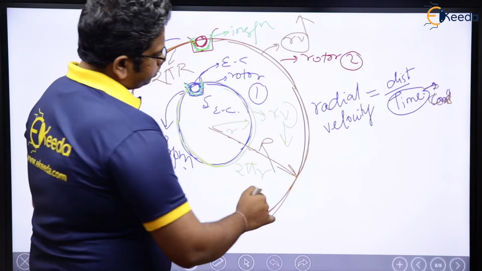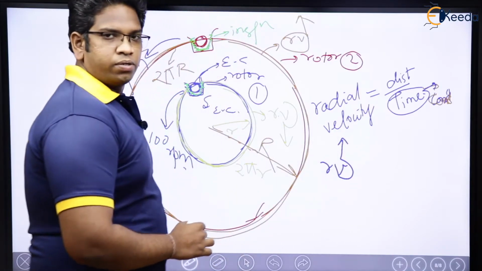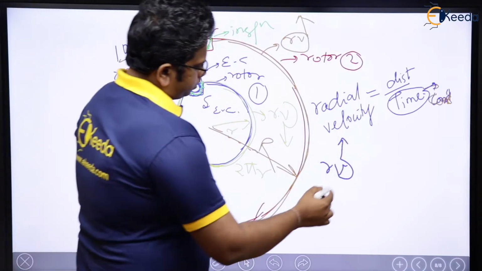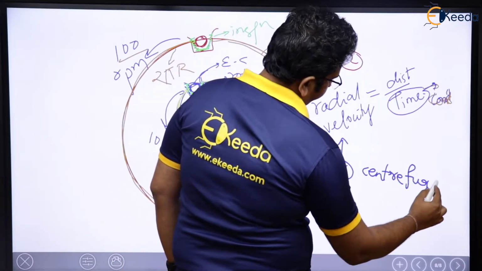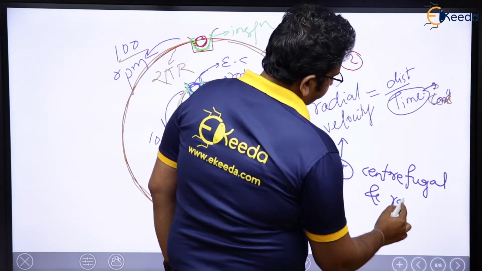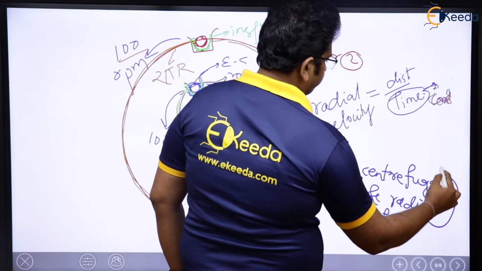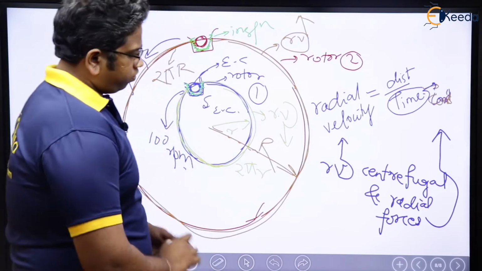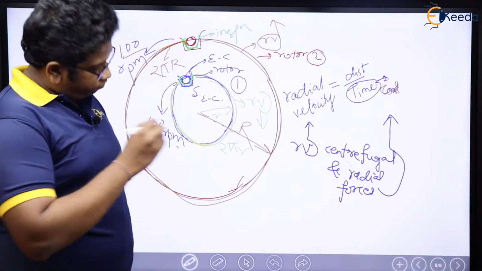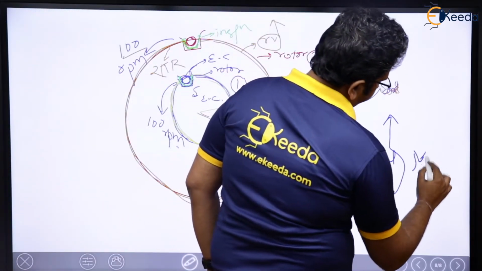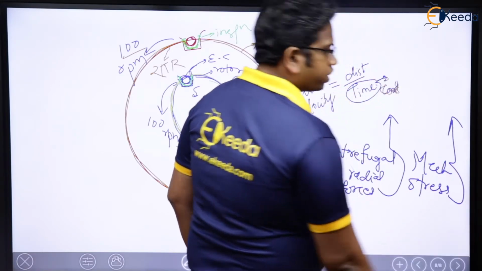If radial velocity has increased, then centrifugal forces and radial forces will also increase, which means mechanical stress will also increase.